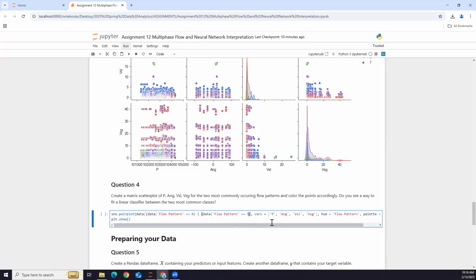And again, I'm going to color the points. And when I color the points, we'll see the most frequent labels within our data set.